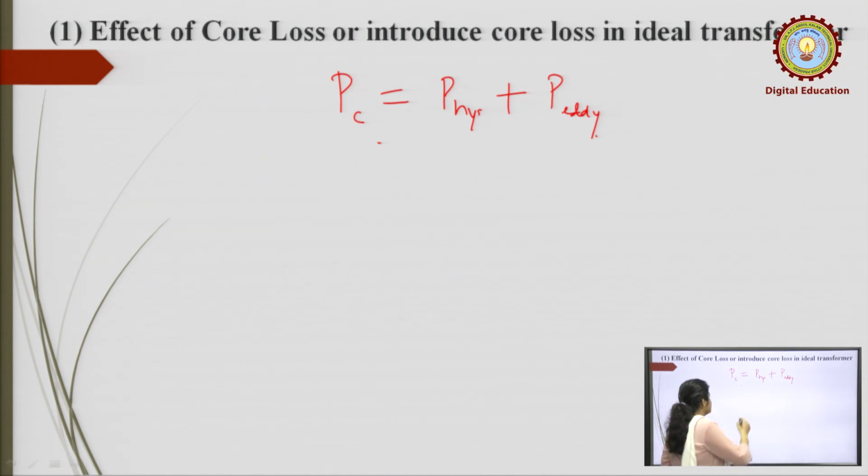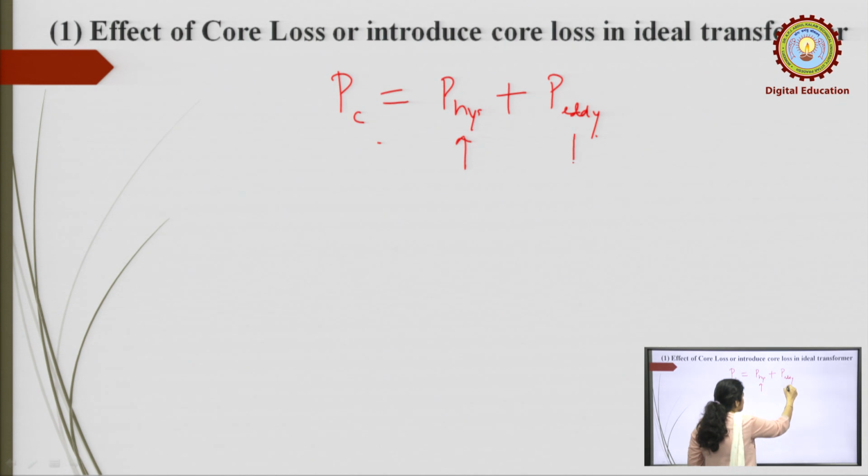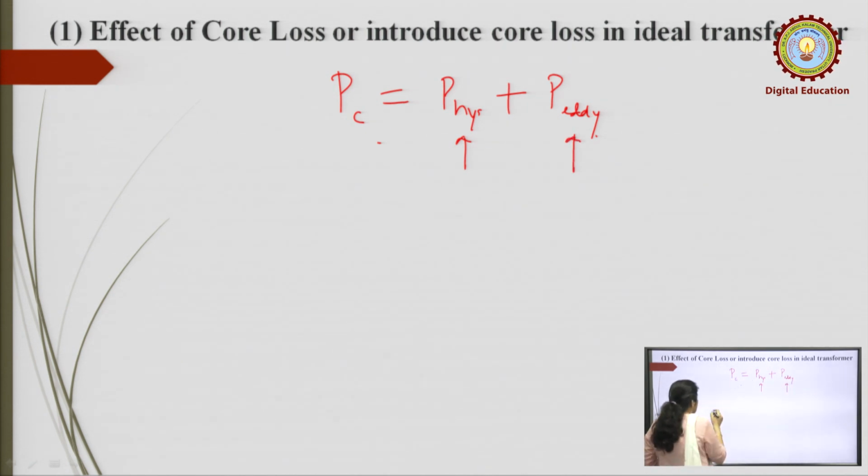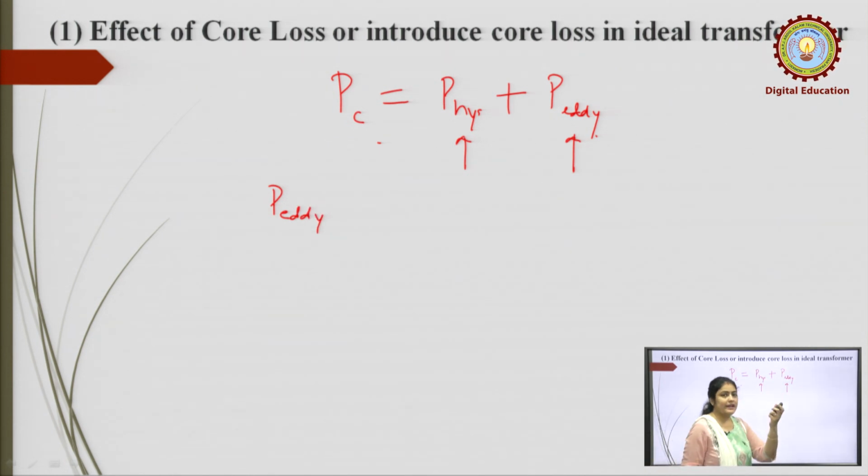So the core loss is the sum of hysteresis loss plus eddy current loss. We will discuss these losses in detail later, but I will just give a brief idea so that we can incorporate these losses into the ideal transformer.